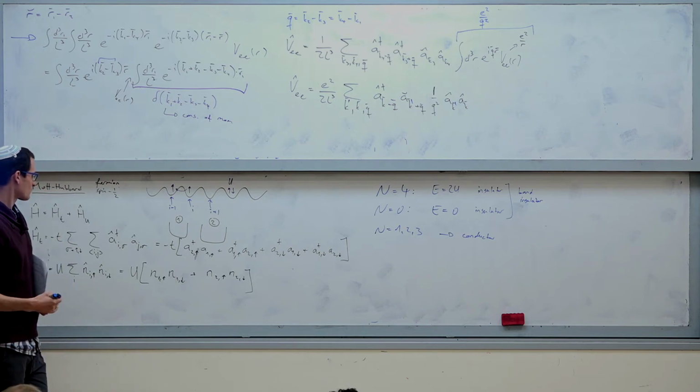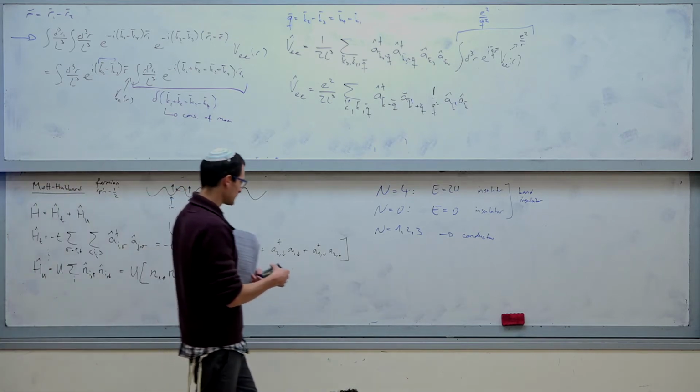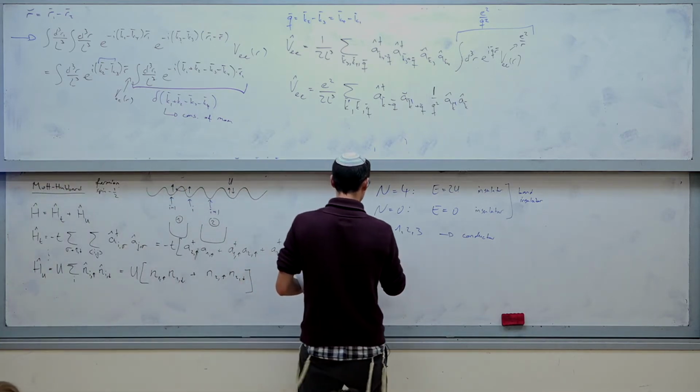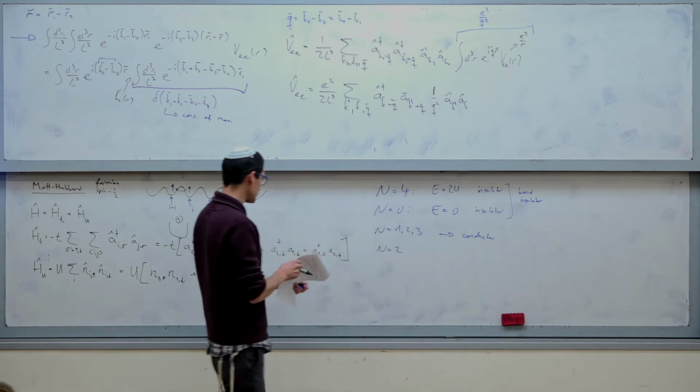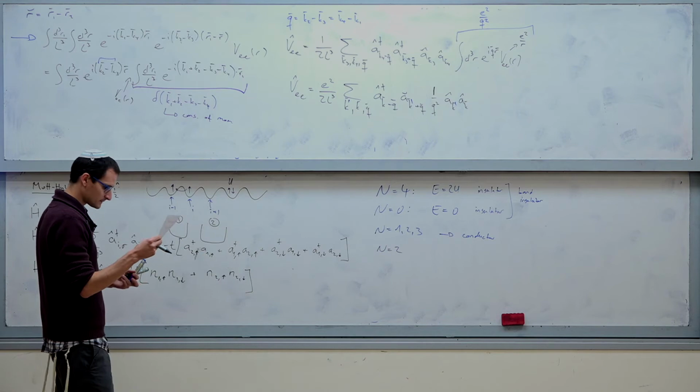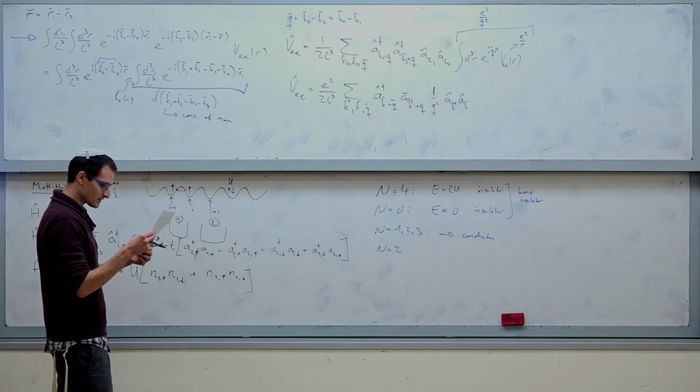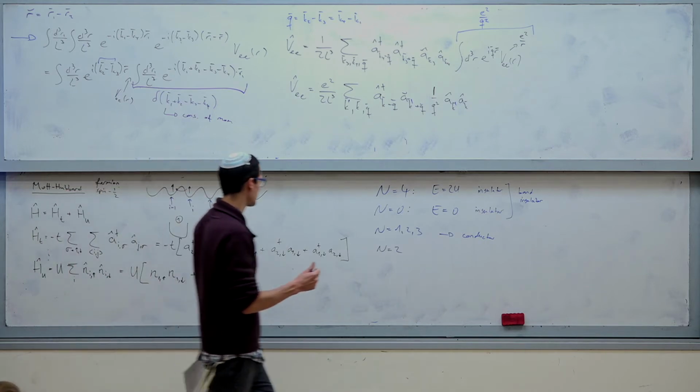Except there's one exception, and that's the states we're going to talk about. We're going to focus today on the situation for N equals 2. And for N equals 2, you can create a state that is also insulating, and this is known as a Mott insulator.